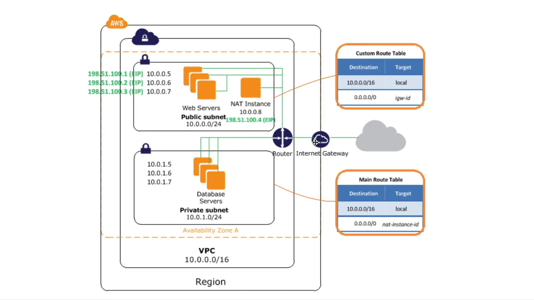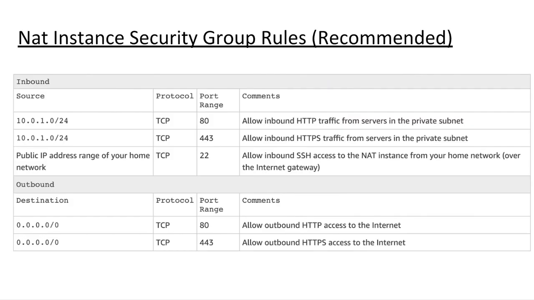When it comes to NAT instance, we have to manage it. Specifically, we have to add a security group for the NAT instance to control the traffic in the NAT instance. So now let's look at the recommended rules for the NAT instance that is given by AWS. Now, as for the recommended security group rules, it is recommended to allow inbound traffic from the private subnet IP address range, because our NAT instance should be able to receive traffic that is originated from the private subnet IP address range.